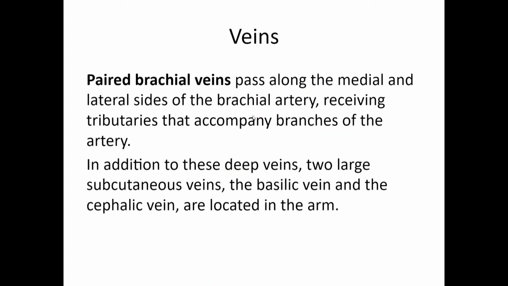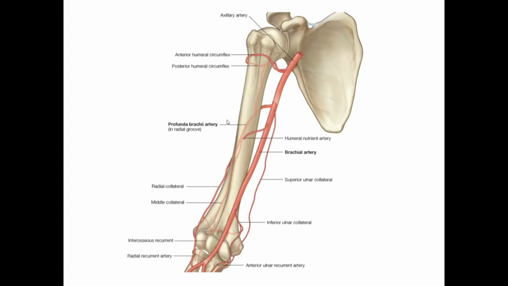Okay. Profunda brachii artery is continuing and becoming the radial collateral, and also we're having the medial collateral here. They are all anastomosing. Another branch, what I've already mentioned and am repeating, is the superior ulnar collateral and the inferior ulnar collateral here.